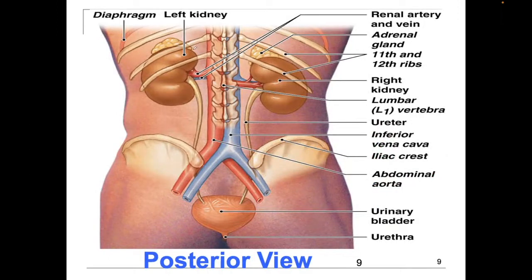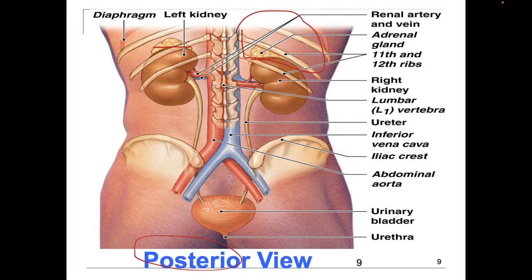So again, this is the posterior view. We see the right kidney is lower and the left kidney is higher. And that's because we're going to have the liver over here on this side, so it kind of pushes that right kidney down. Again, you can see the renal artery and renal vein. You could see the ureters on both sides.